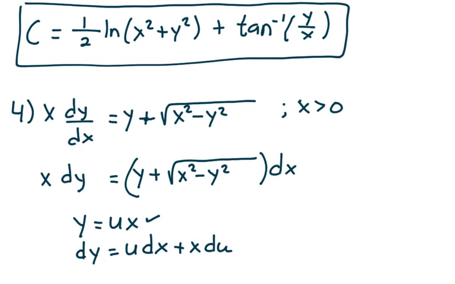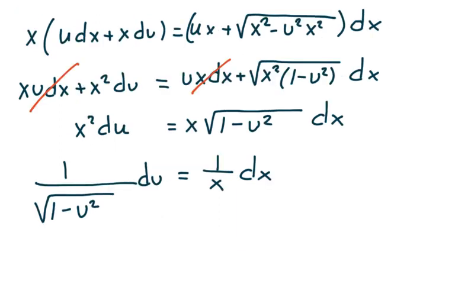If I make my substitution, I get x times the quantity u dx plus x du is equal to the quantity ux plus the square root of x squared minus u squared x squared dx. Expanding, we get xu dx plus x squared du is equal to ux dx plus the square root of x squared times 1 minus u squared dx, after factoring out that x squared.